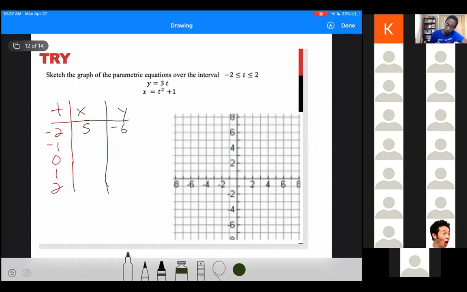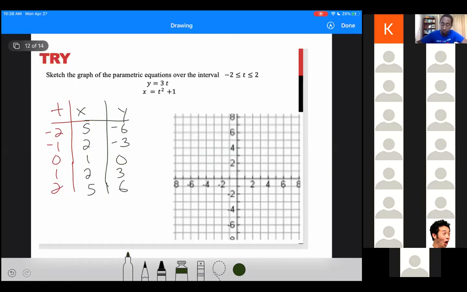For X, I got 2, and then for Y, -3. For X, I got 1, and Y, I got 0. For X, I got 2, and for Y, I got 3. For X, I got 5, and Y, I put 6.